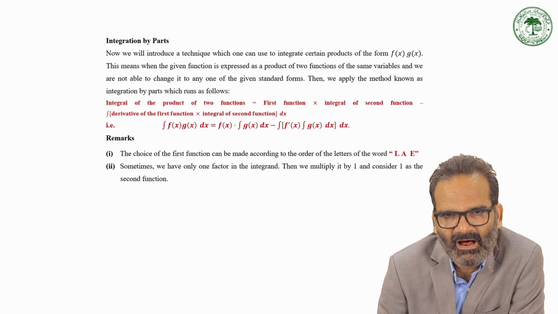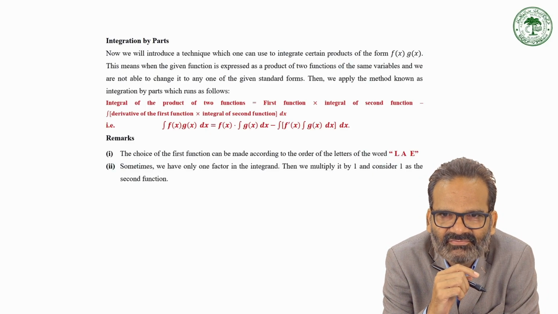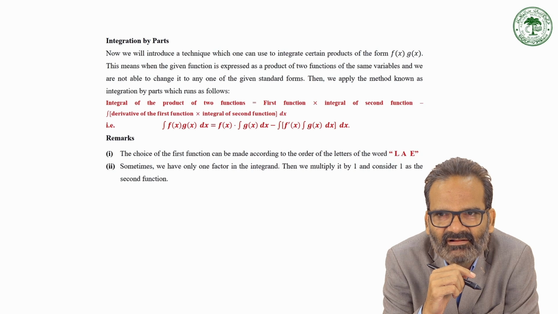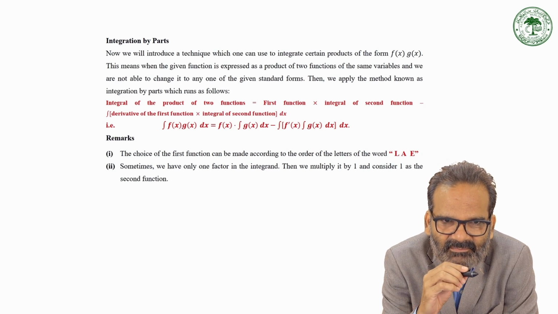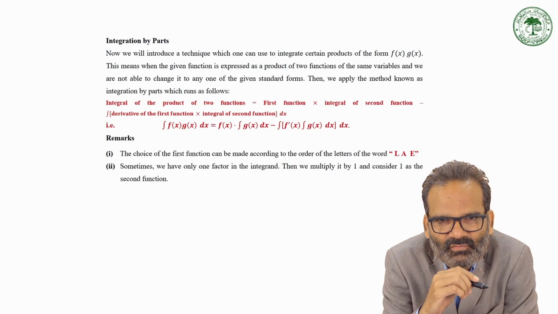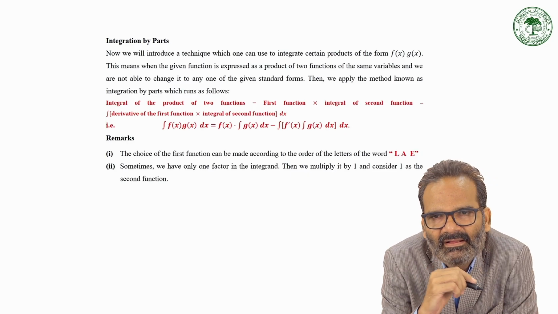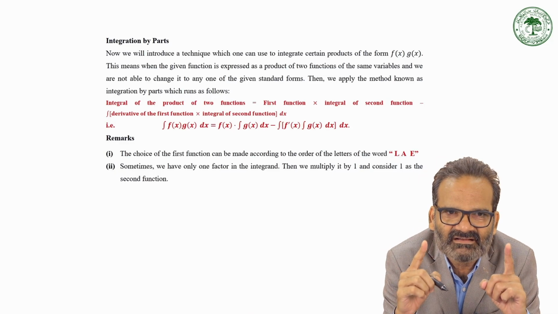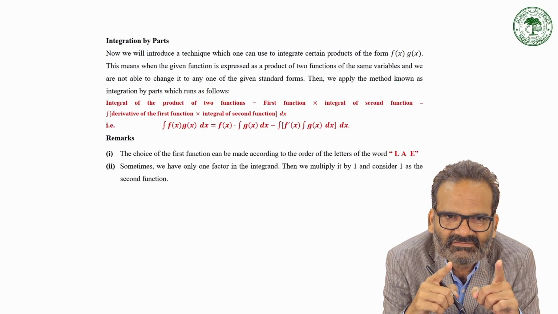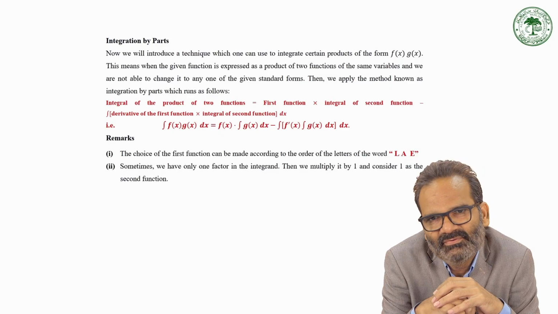Whenever two functions are being multiplied, the formula is written here. Say f(x) and g(x) are the two functions. The integral of the product of two functions can be written as the first function into the integral of the second function, minus the integral, within the integral sign, of the derivative of the first function into the integral of the second function, into dx.